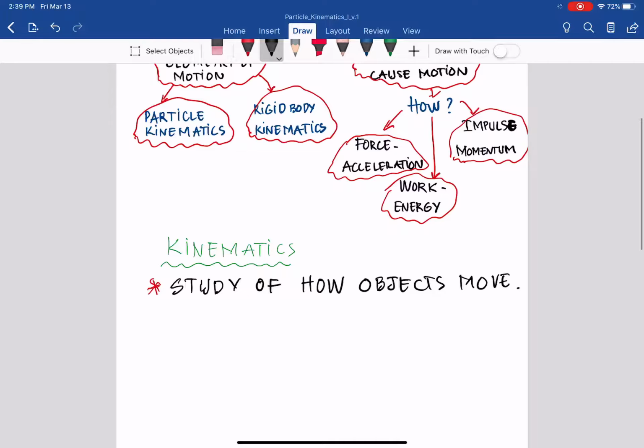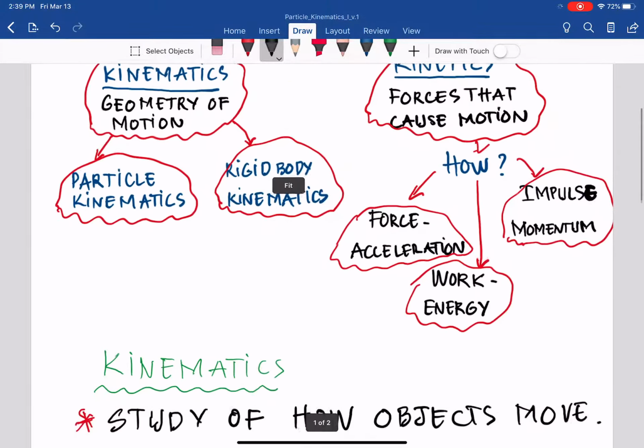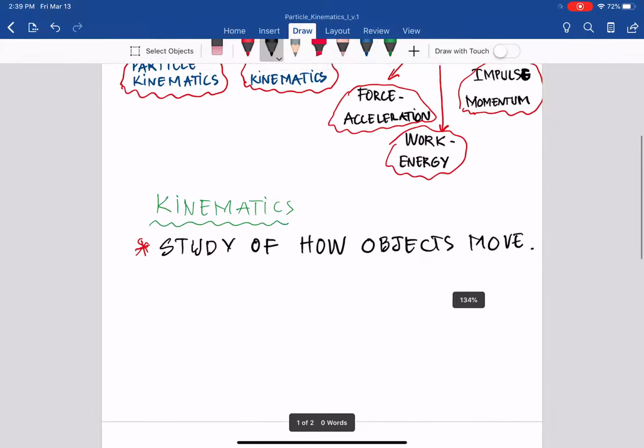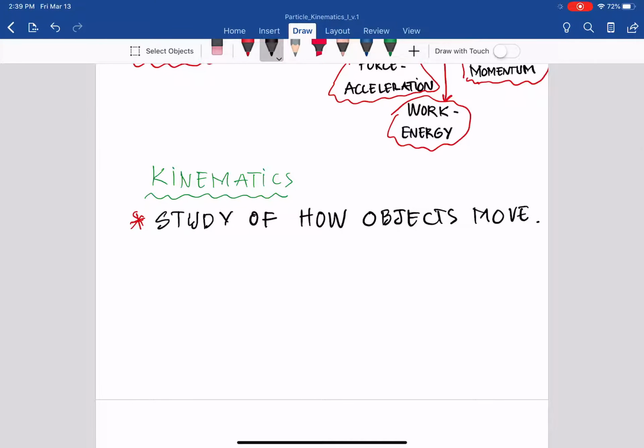And here you can see in kinematics we have particle kinematics and rigid body kinematics. So let's talk about the difference between the two. Let me start with particle kinematics. In particle kinematics, we only need the location of the particle or object to describe the motion.